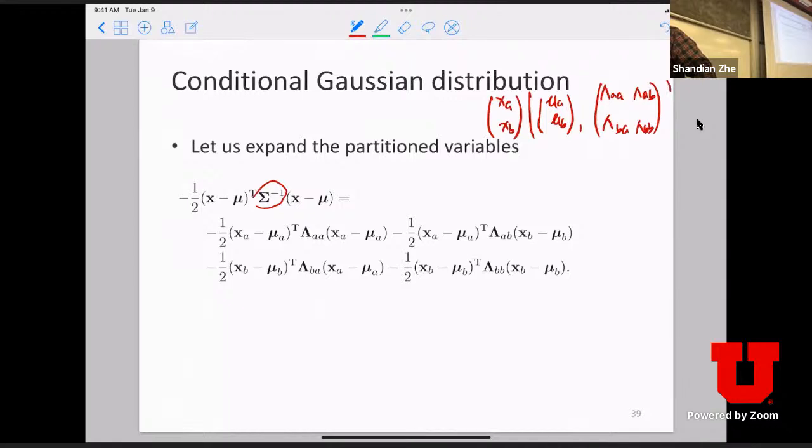Okay. So now, if you expand the density of this giant Gaussian, it will break up into 4 terms.